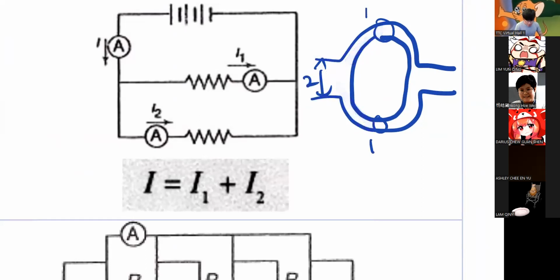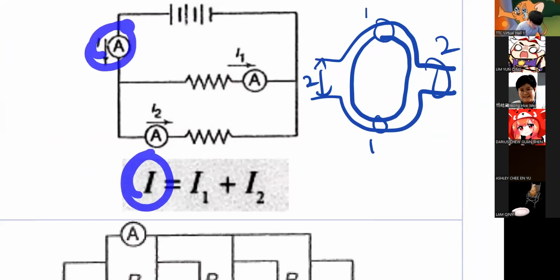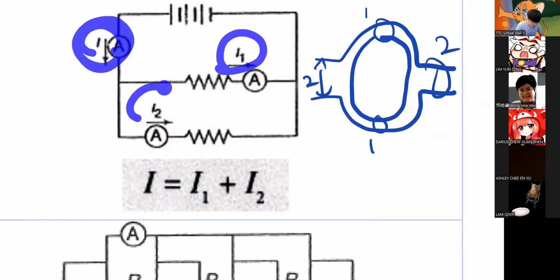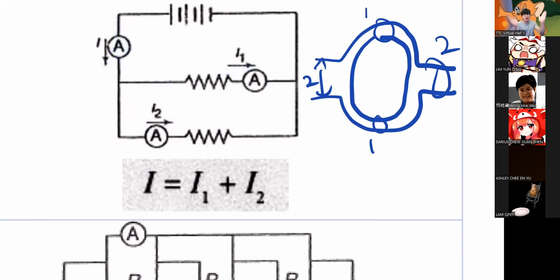And then when they rejoin back, this thing becomes 2. 你想象那个 river 是2 meter，它 split 去两条就是1 meter 1 meter。So how do we express this? We say I, which is the main river, equals to I1 plus I2. 大条河的宽度是两条小条加在一起。I1, I2 plus together, you have the main width.